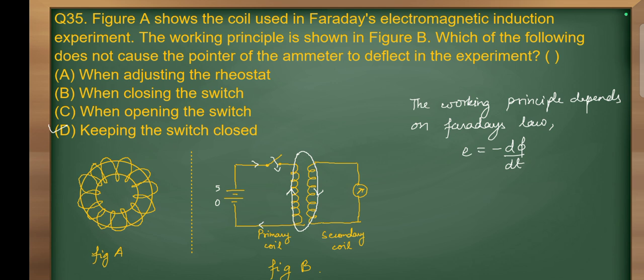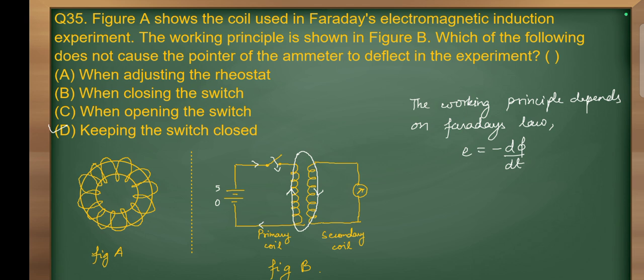When the switch is on, the current through the primary coil will increase. That will lead to an increase in flux. So there will be induced EMF in the second coil according to Faraday's law. When we adjust the rheostat, the resistance of the wire is changing, so the current is also changing. So it will lead to a change in magnetic flux, and the ammeter will deflect.